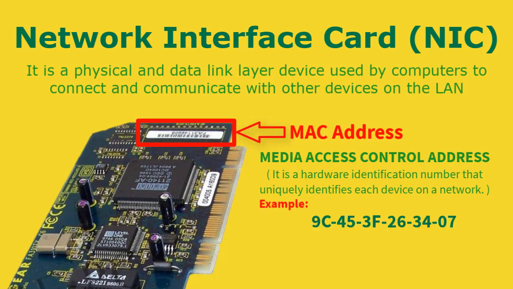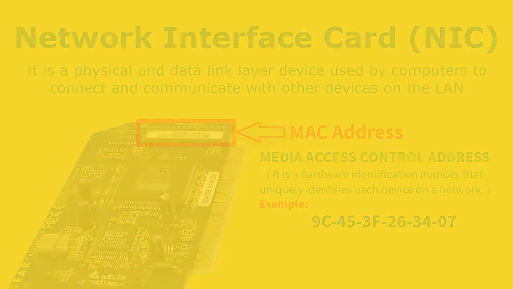The MAC address is a 6-byte unique hardware identification number that uniquely identifies each device on a network. Because there are millions of networkable devices in existence, the MAC address helps to distinguish them on the network.